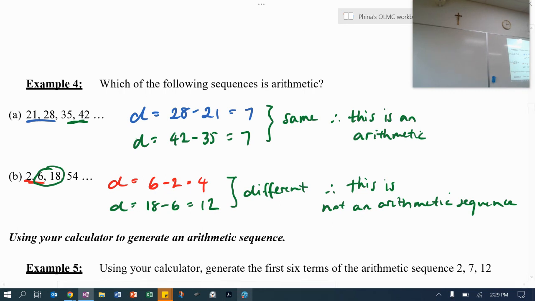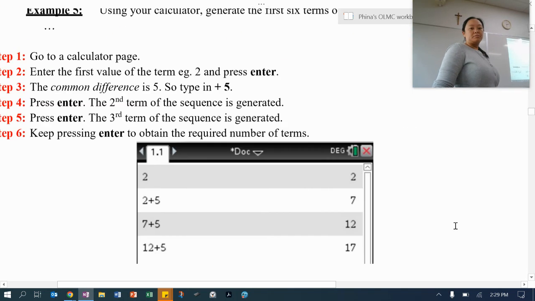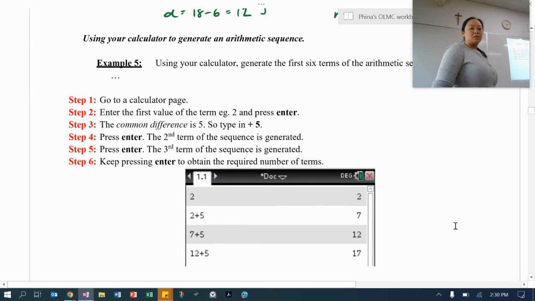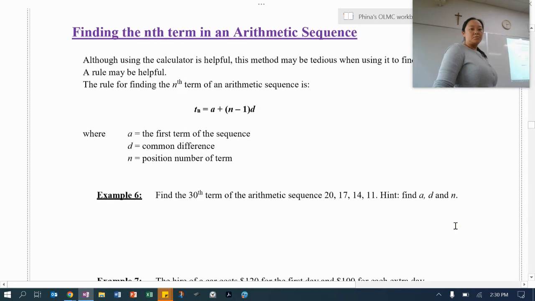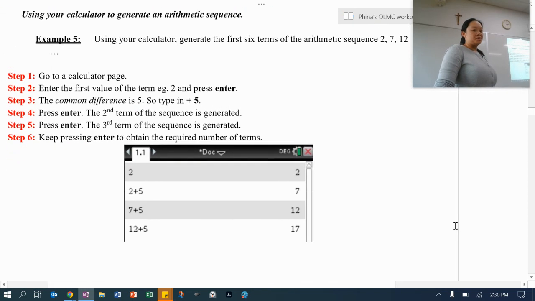Okay. This won't take me long to show you anyway. So we can also generate the sequences on the calculator. If I can just get it going. Okay, so we can also generate the sequences.